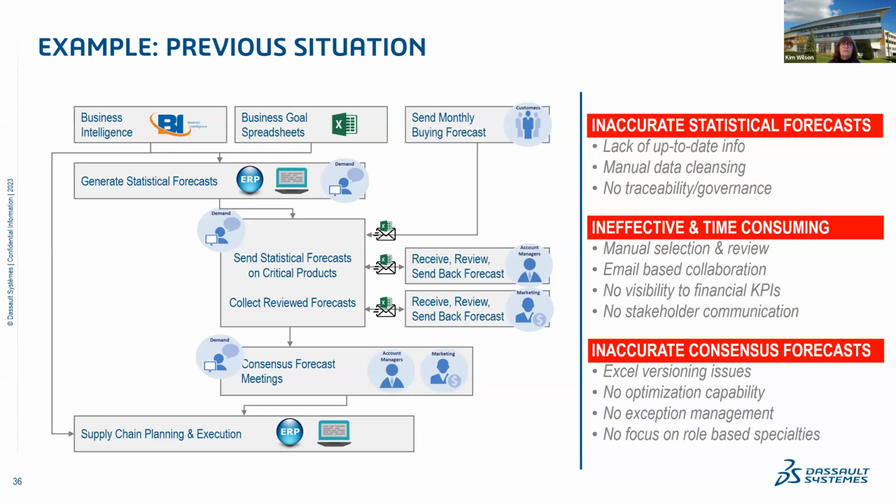There's not a lot of visibility necessarily from a financial perspective either. And people aren't really talking to each other other than sending an email at this point. And finally, you have inaccurate consensus forecasts. You can't optimize these, and there's no exception management.